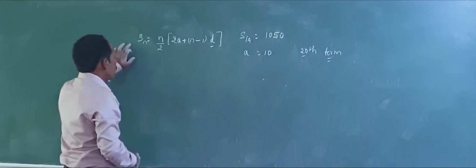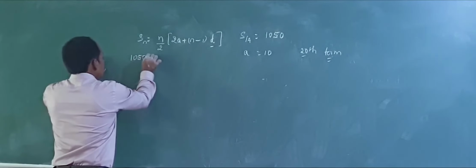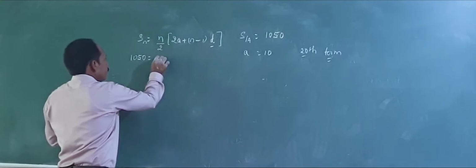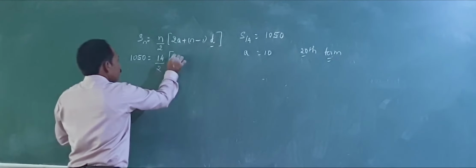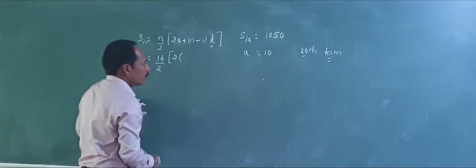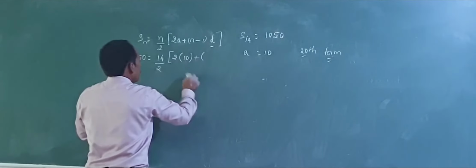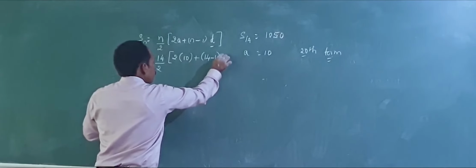S_14, the sum of all 14 terms, is 1050. So n is 14, divided by 2, into 2 times the first term 10 plus (14 minus 1) into d.